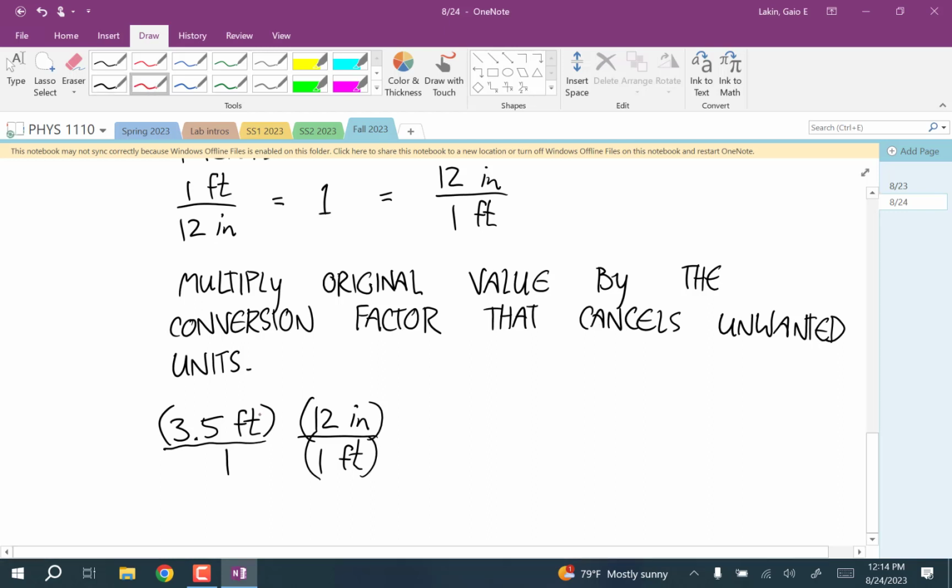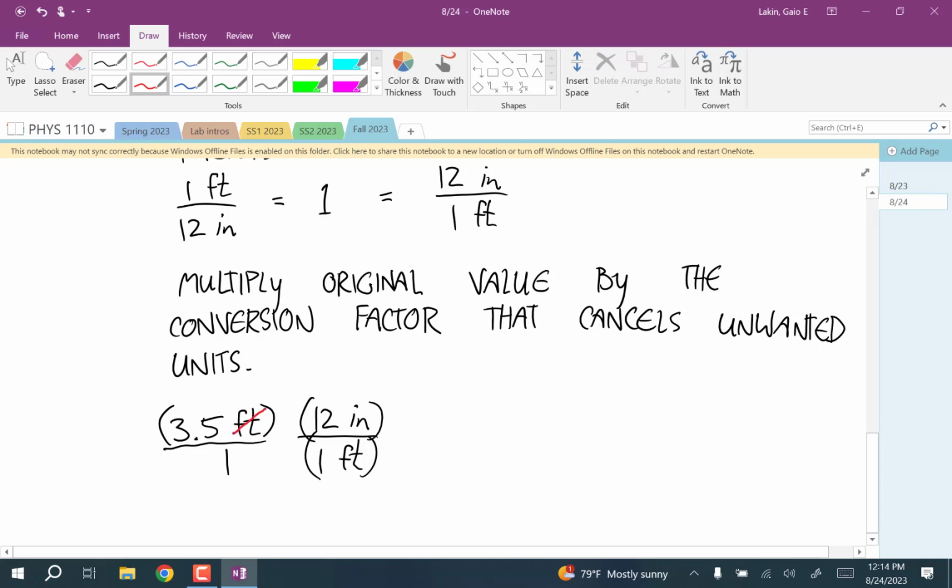And then you can see that, well, I didn't say this yet, but the mathematical rules for units are exactly the same as if those units were algebraic variables. Think of that feet as if it was the variable x, okay? So just like if that was x, those x's would cancel.